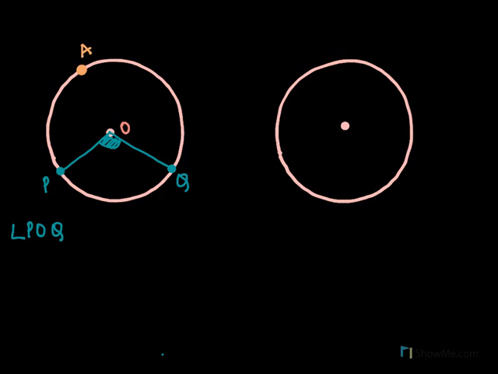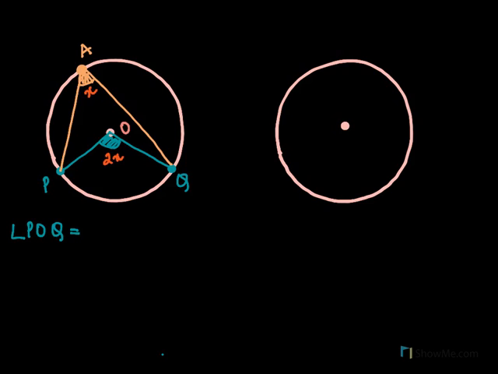I mark this point as A, and I join. This is the angle subtended on the circle. Now what is interesting to note is, if this angle is taken as x, the measure of this angle is 2x. It's double.